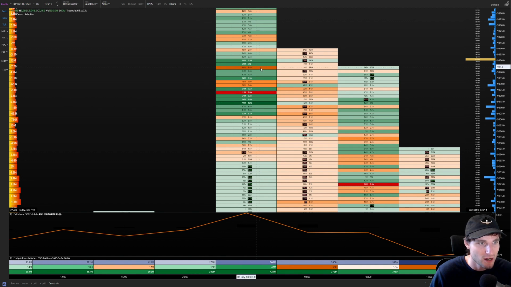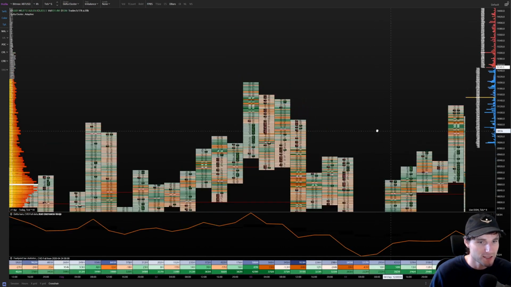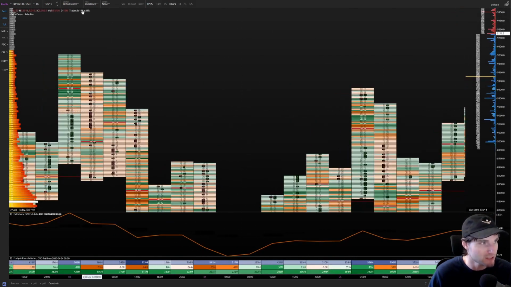This is just signifying the delta here. So 8.8 million market buys versus 11 million market sells at this price. Okay, so that's your delta cluster, and it's very similar to the volume cluster.